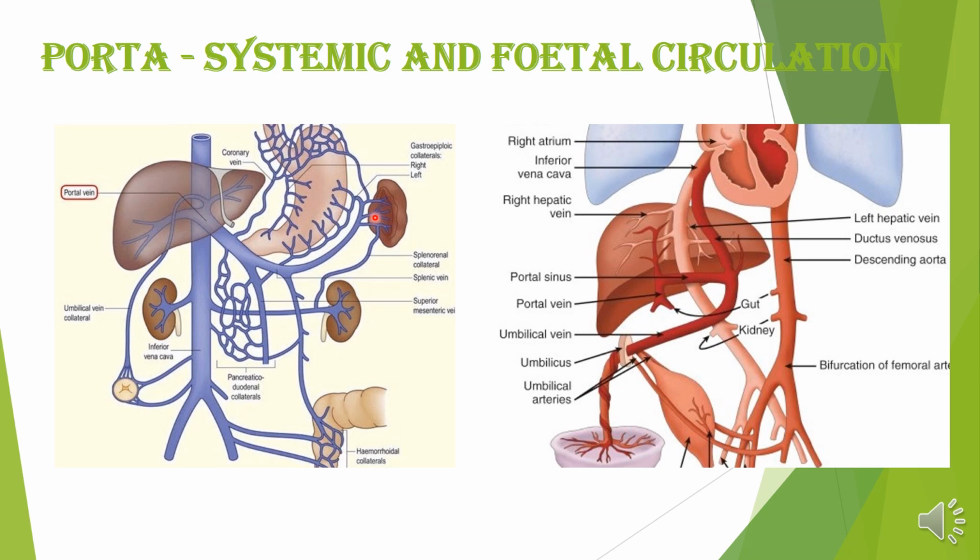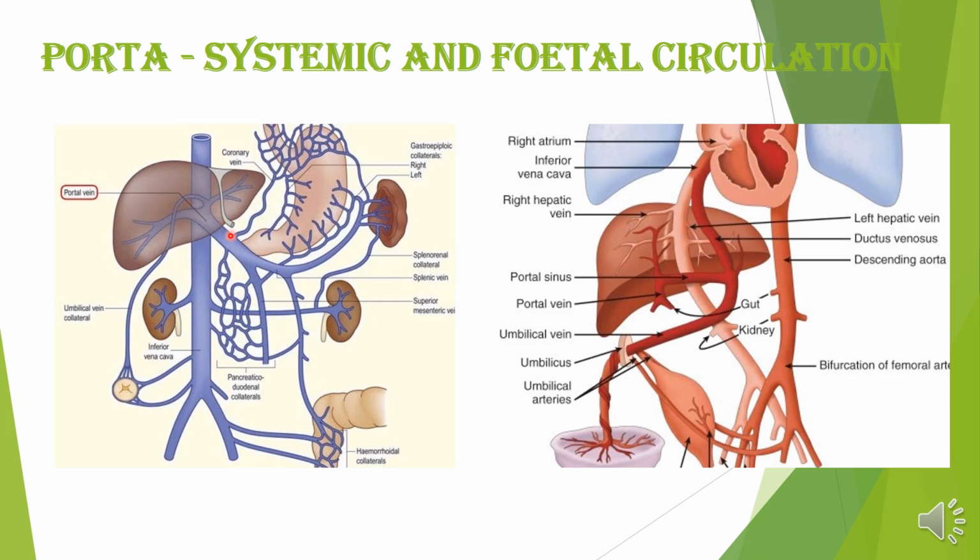Similarly, there are the splenorenal collaterals, which connect the splenic vein to the left renal vein; the blood flows backwards and through the left renal vein finally drains into the IVC.